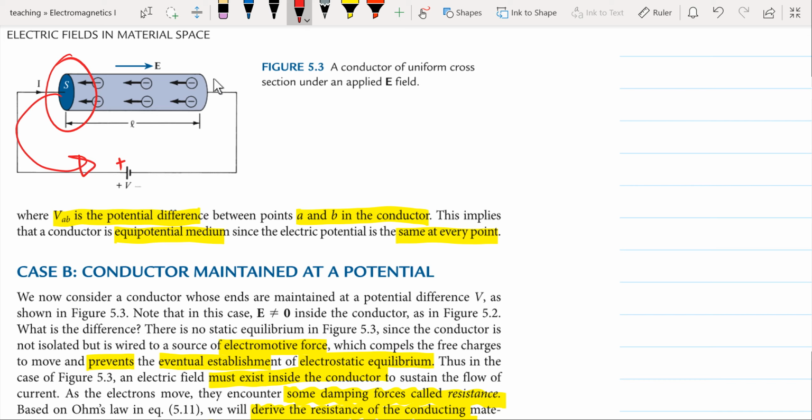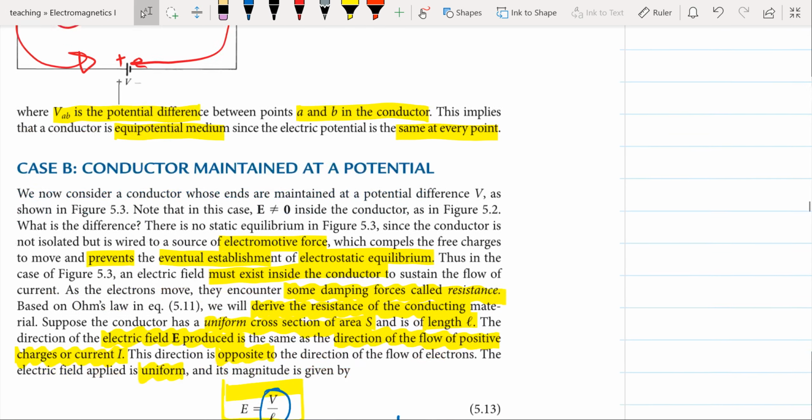And the positives that are repelled by this potential at the source are getting pushed away from the conductor, and then they do not accumulate at the end, but they join the source as indicated.